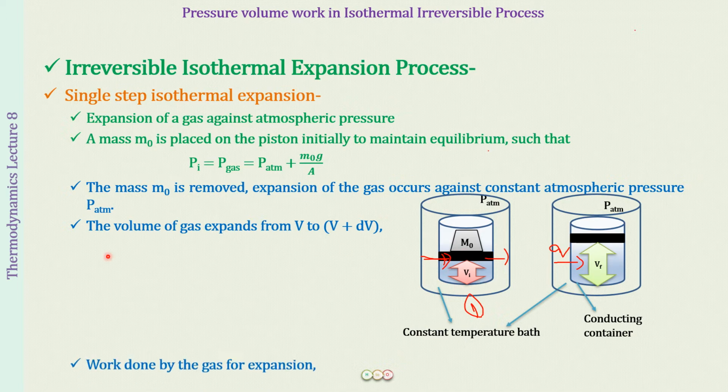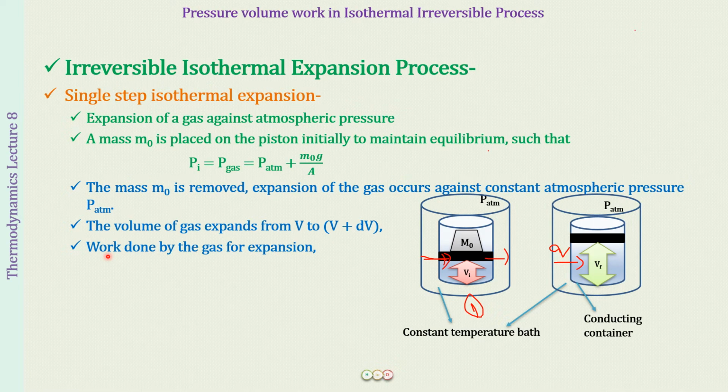So for a small change in volume, there will be a small work done during the expansion process, and for that expansion process the pressure will remain the same, that is, the external pressure into dV. The external pressure for this example, we are taking as the atmospheric pressure, against which the piston is going to move up throughout the process.